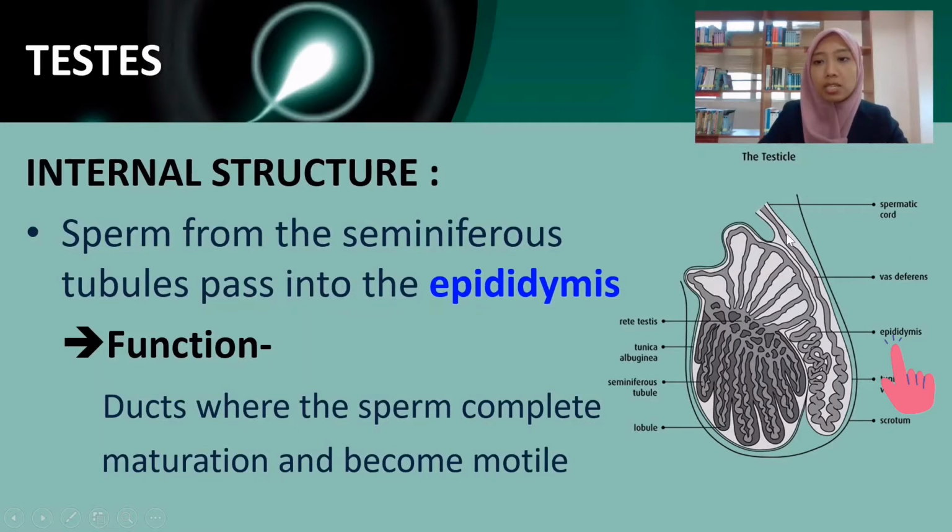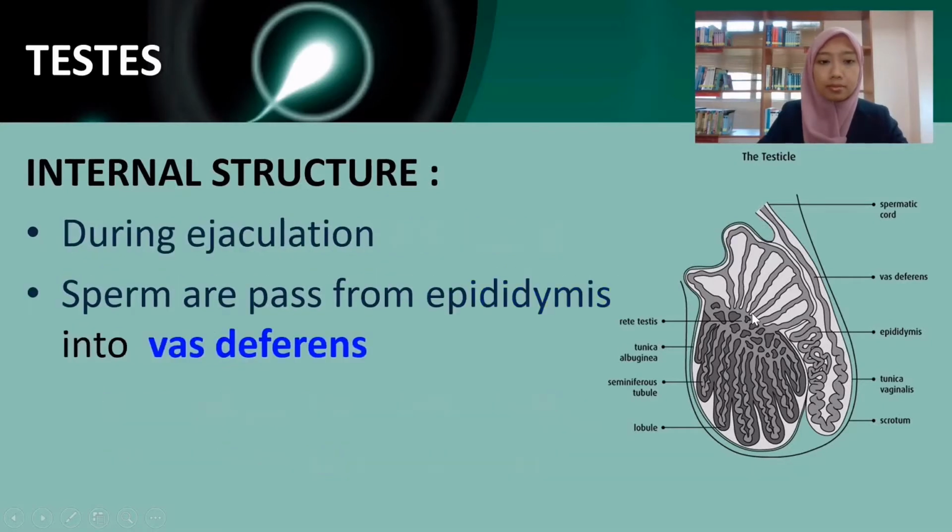So what is the function of epididymis? It is a duct where the sperm complete the maturation and will become motile. During ejaculation, sperms are passed from the epididymis into vas deferens.